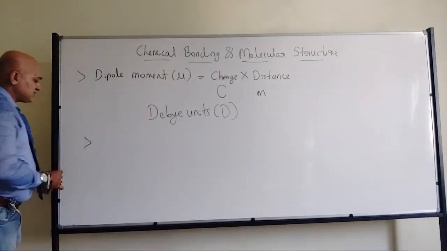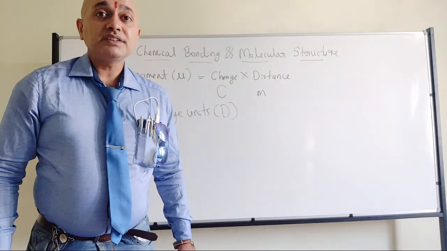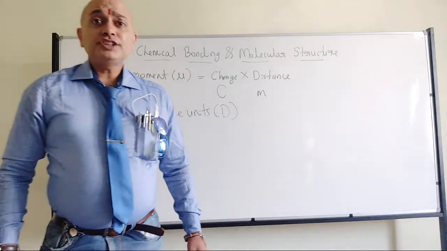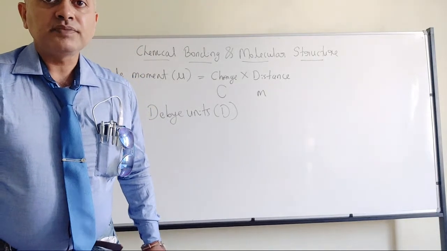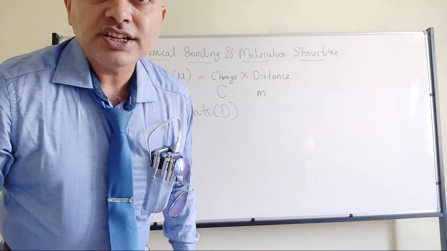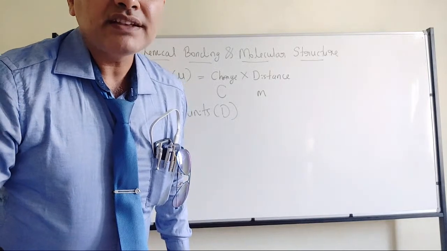Then we have discussed some examples where we have seen nitrogen trifluoride will have less dipole moment compared to ammonia. Pooja is writing that dipole moment is not applicable for a molecule having the same elements.